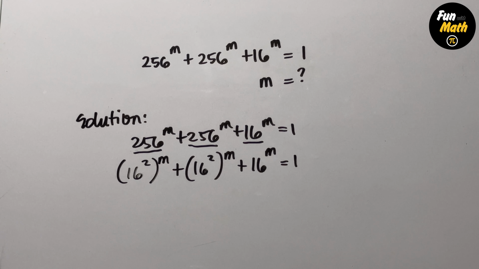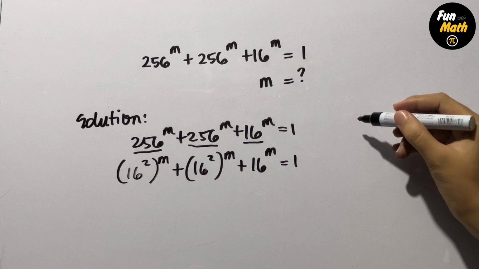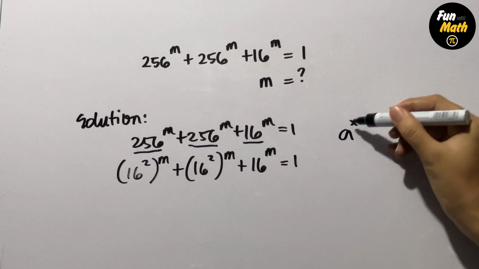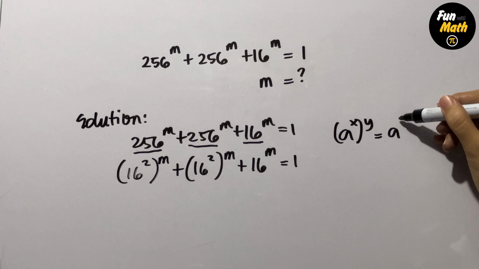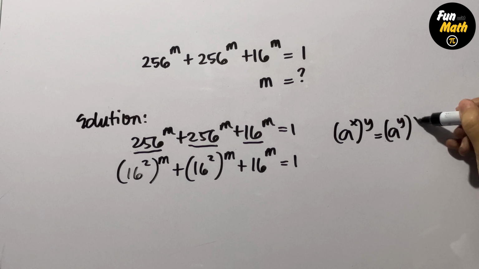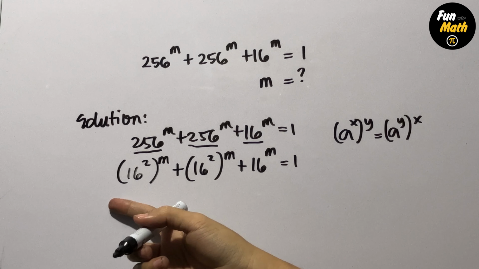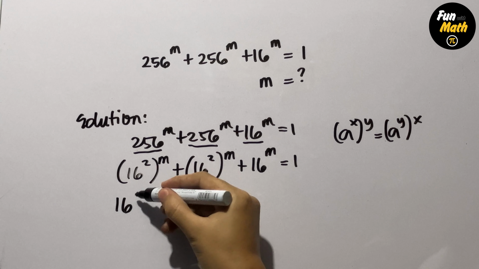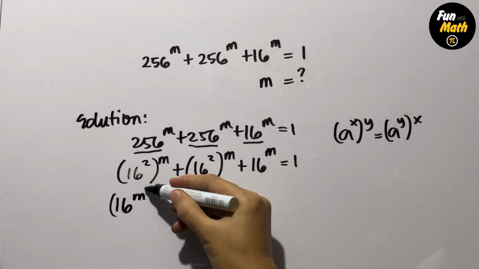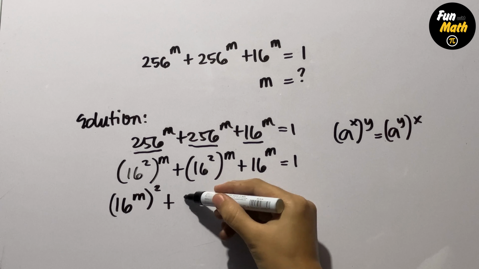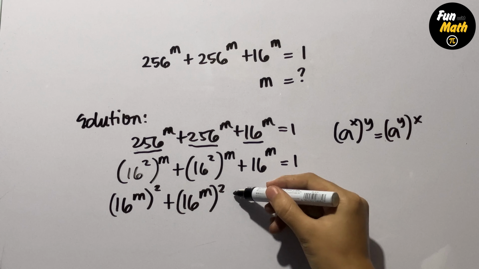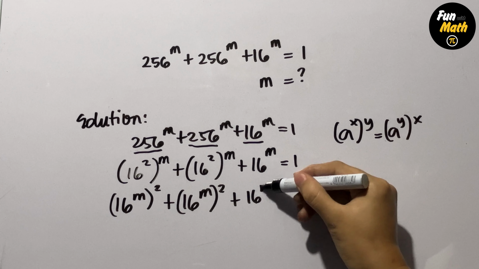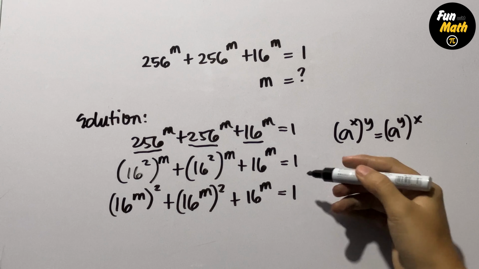Next is, we can interchange the power by following this rule of a power: a to the power of x whole to the power of y is also equal to a to the power of y whole to the power of x. So this is now 16 to the power of m whole to the power of 2 plus 16 to the power of m whole to the power of 2 plus 16 to the power of m equals 1.